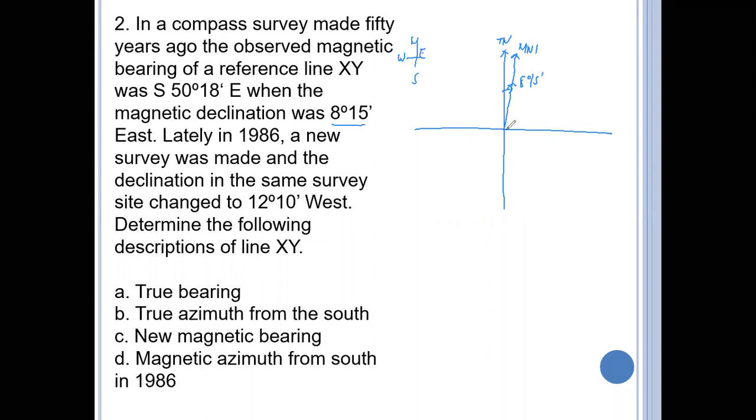And the given magnetic bearing here is south to the east. If we project this, we expect that this is the magnetic south. Okay, so the value here is the same as the value here, 8 degrees 15 minutes. Okay, so our XY is this one.